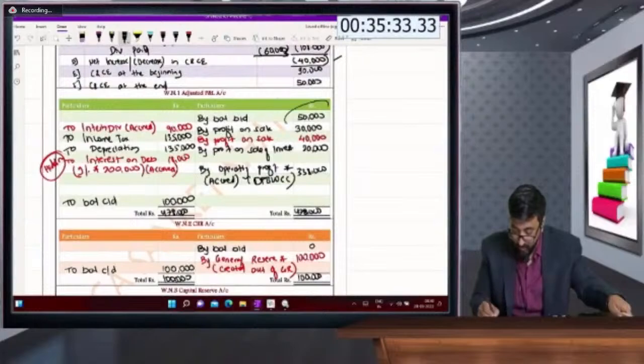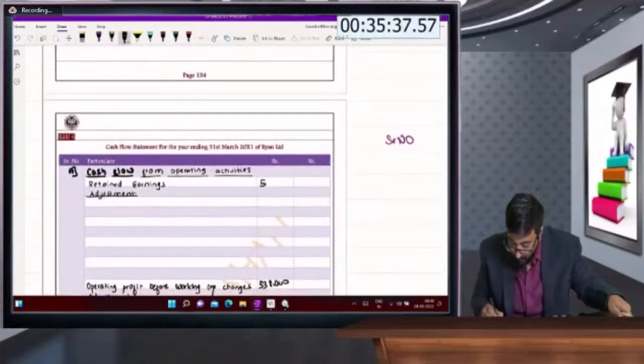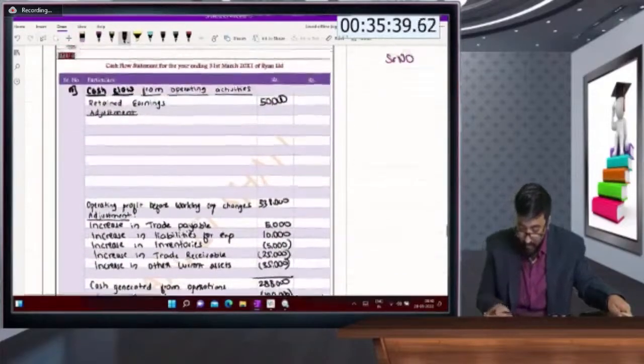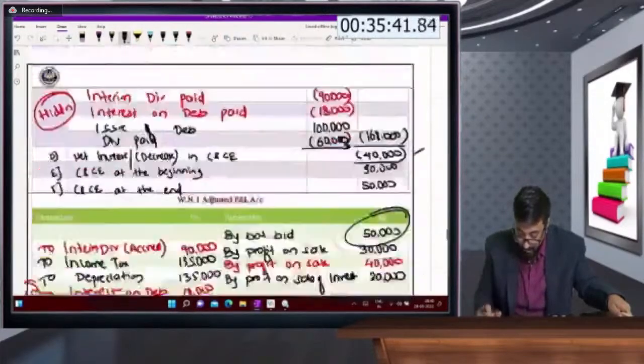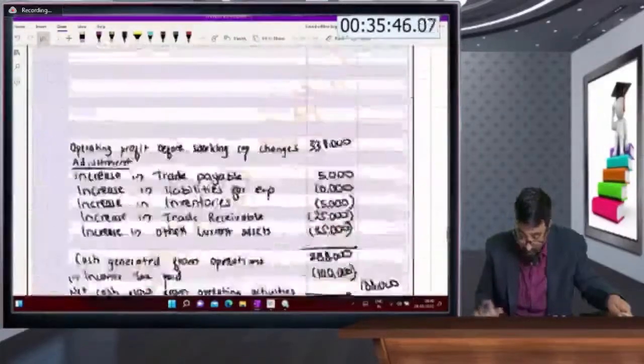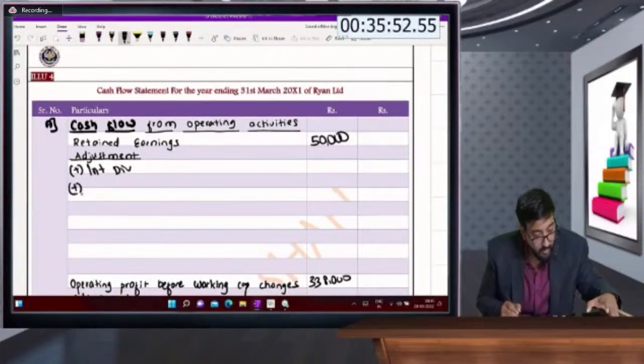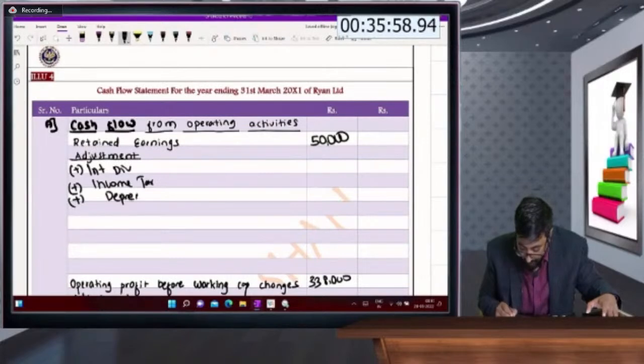We started with 50,000 and 1 lakh. So retained earnings is 50,000. Debit side all added: interim dividend, income tax, depreciation, and interest on debentures. Add interim dividend, income tax, depreciation, and add interest accrued.